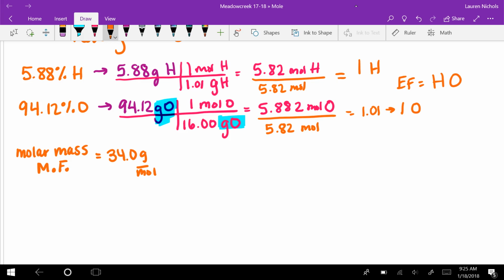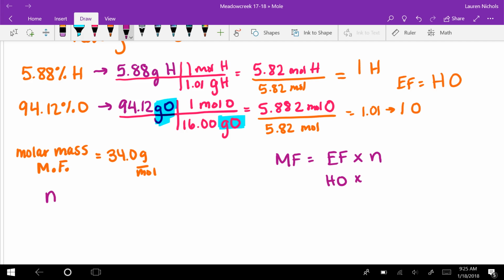In order to find my molecular formula, we know that my molecular formula is equal to my empirical formula times N. So what we have to do is figure out what N is. We know our empirical formula is HO, 1 hydrogen, 1 oxygen, but our N is something different.